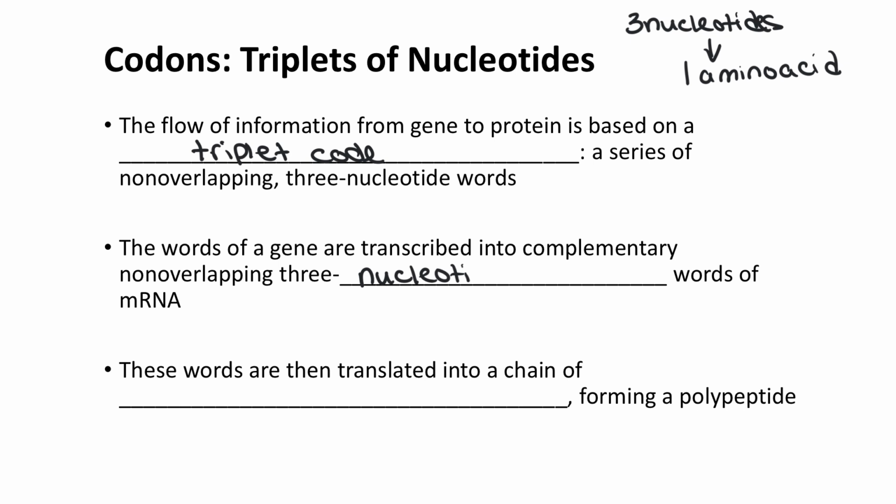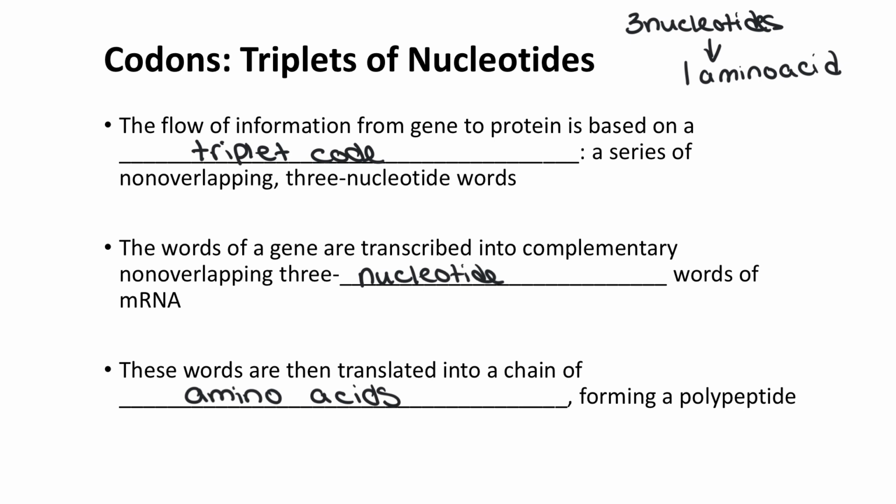So both the DNA and the RNA or mRNA are both read in codons, which are groups of 3 nucleotides. And then when we move to protein, we're then talking about amino acids. So these words are then translated into chains of amino acids.